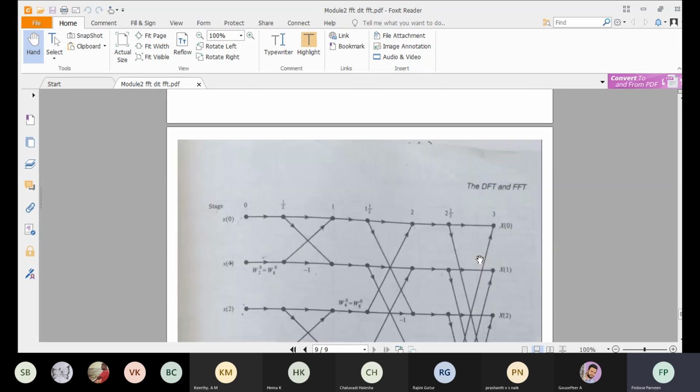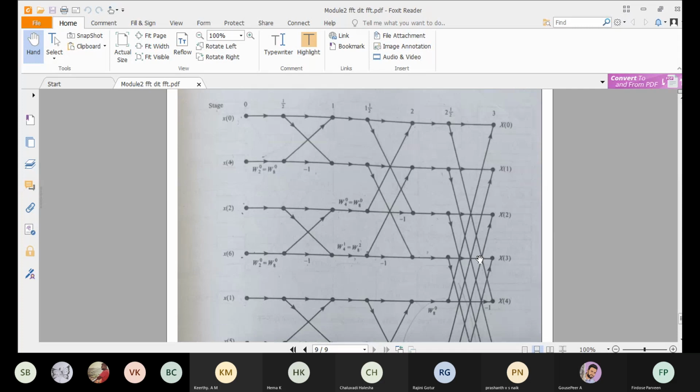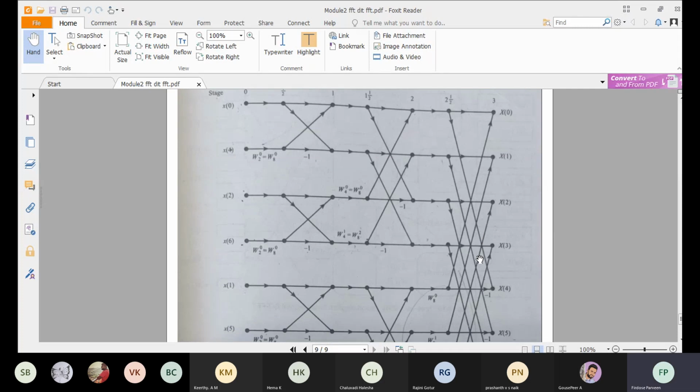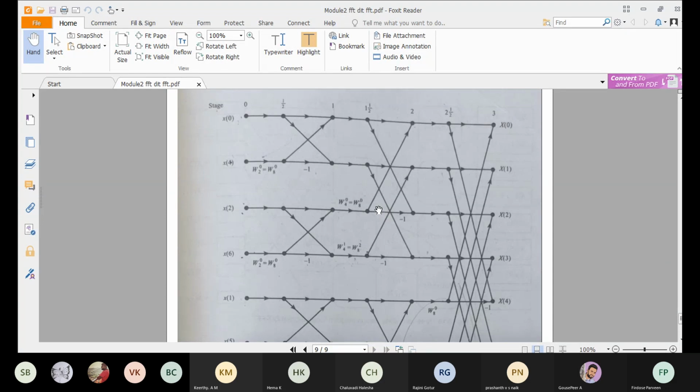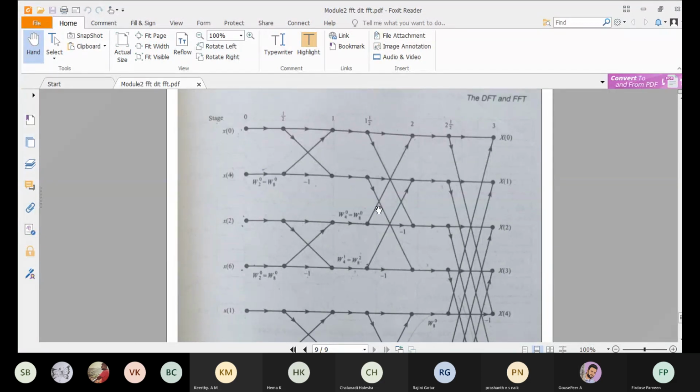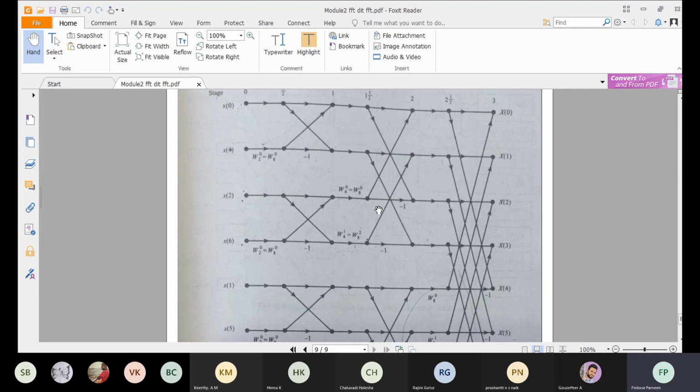So the reduced form. So the reduced form is, this part is called 2 point, this part is called 4 point, this part is called 8 point.